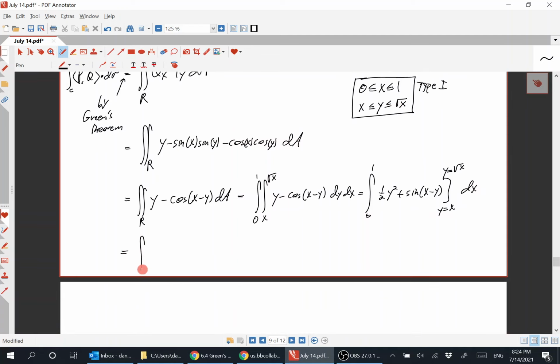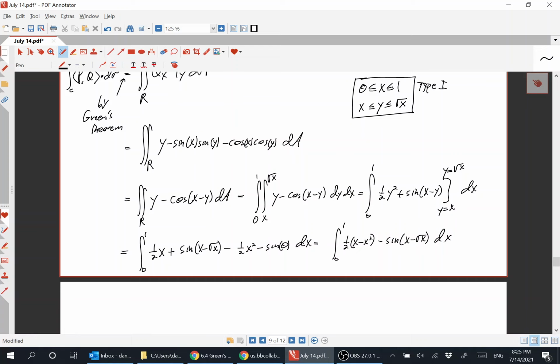So this is equal to the integral from 0 to 1, 1/2 square root x squared, so that's just 1/2 x, plus sine x minus root x minus 1/2 x squared, minus sine of 0, which is 0. So we got 1/2 x minus x squared minus sine x minus root x dx.